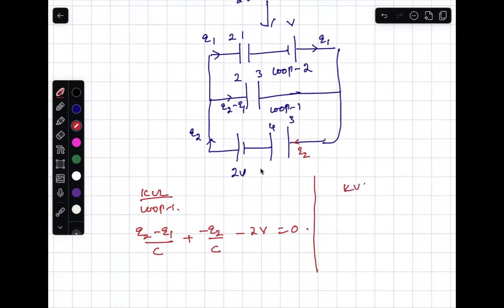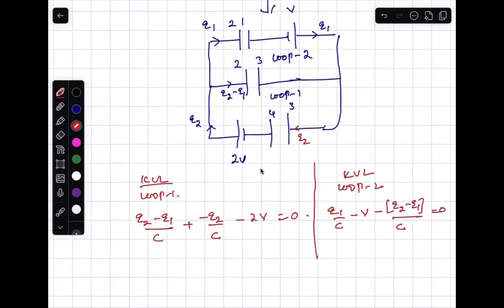Now I am applying Kirchhoff voltage law for loop 2. Now when I am taking a loop, I am going in this direction. Help me in writing this. Q1 by C minus V minus Q2 minus Q1 by C is equal to 0.